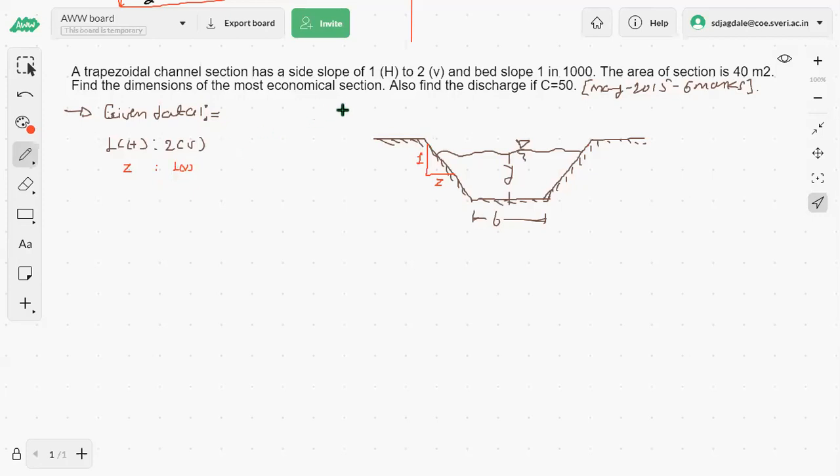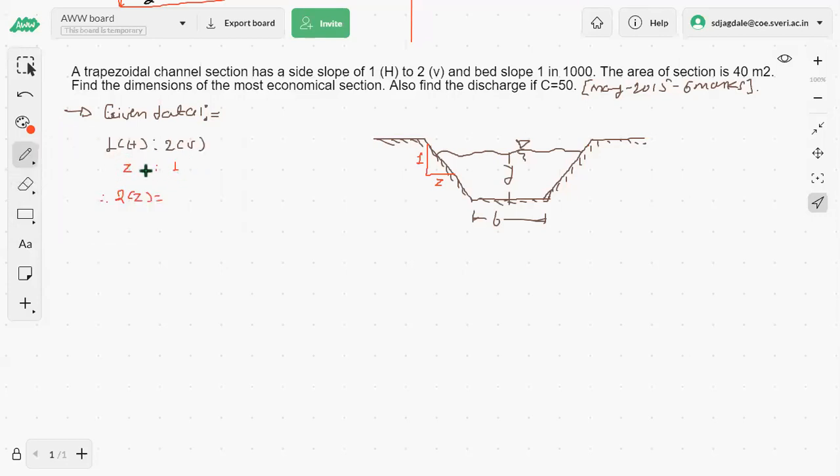Okay. So now from this, we have to calculate Z. So 2 times Z is equal to 1. Just a minute, I will make it correct. Otherwise, you'll get confused about what I had written over here.